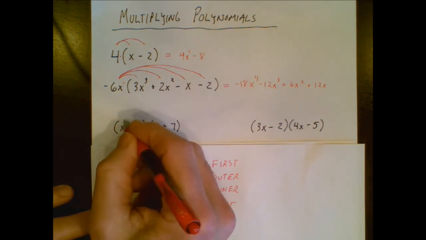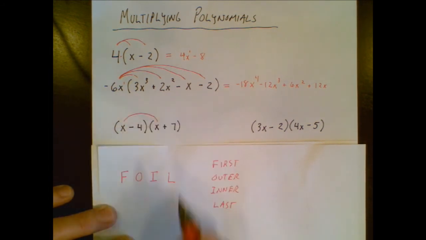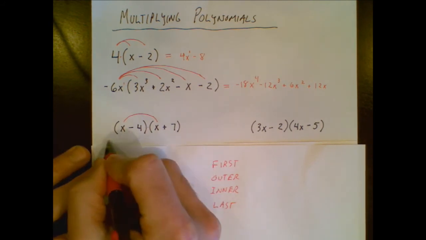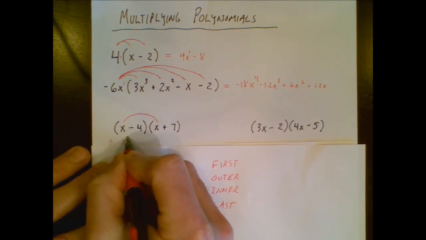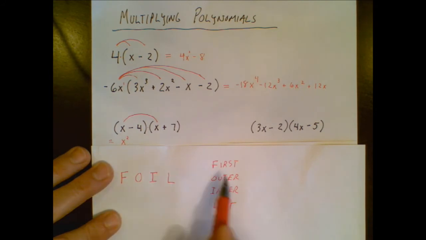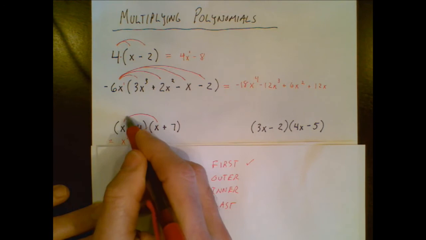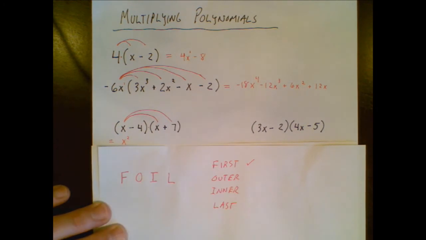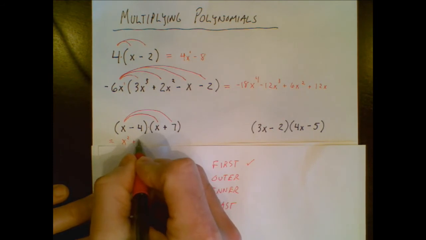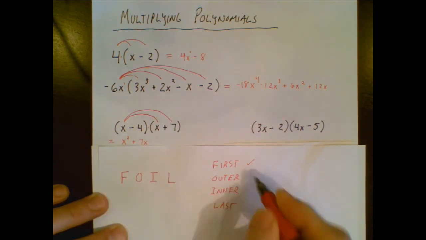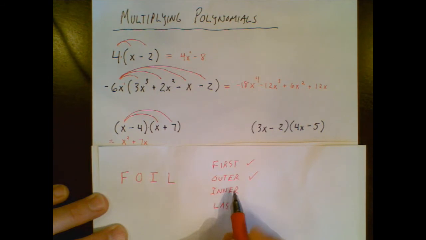I multiply the first terms. x times x is x squared. Now I multiply the outer terms. x and 7 are outer terms. So x times 7 is positive 7x. Now I go to the inner terms.